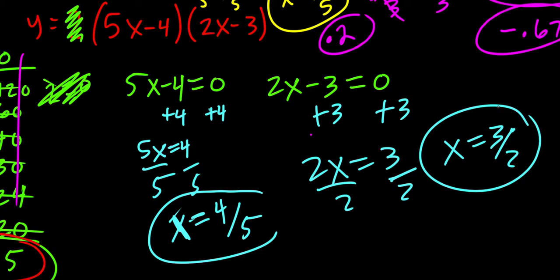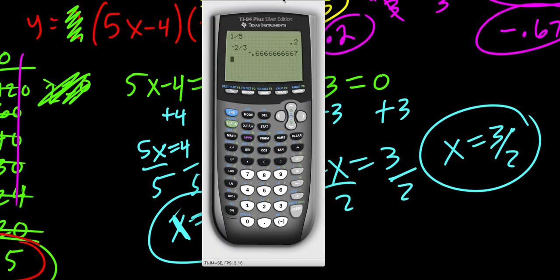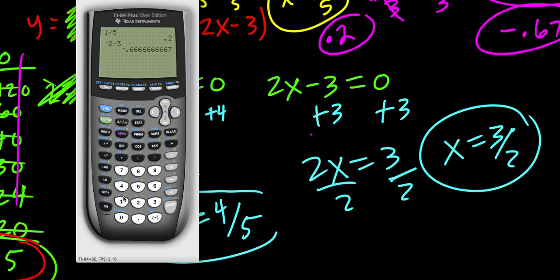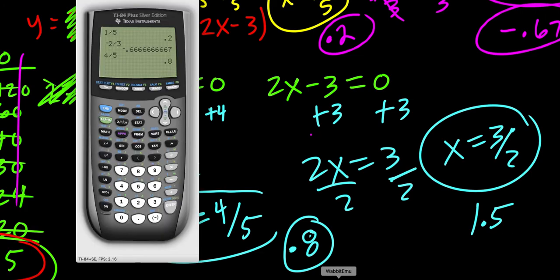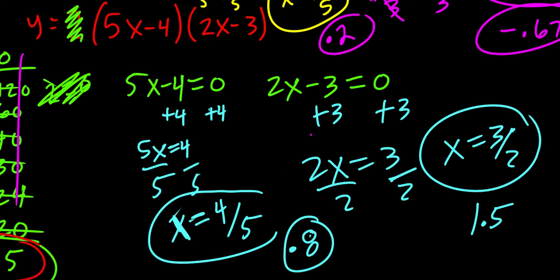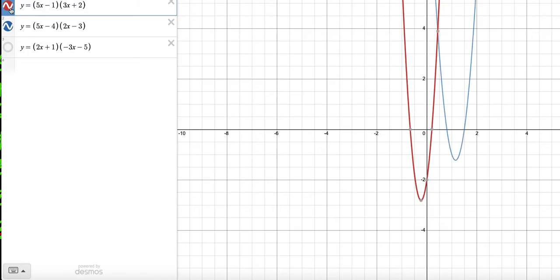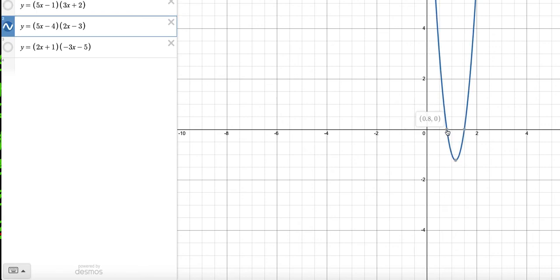So we go to our calculator and turn those into decimals. 4 divided by 5 gives us 0.8, and 3 divided by 2 is going to be 1.5. Now we go to Desmos to check our work. I already have it set up right here. We have 0.8 and 1.5, so they both worked out.